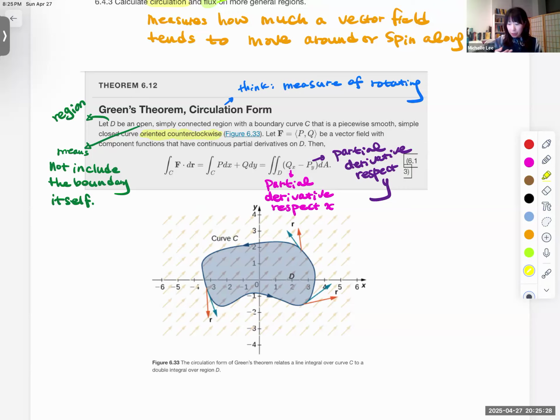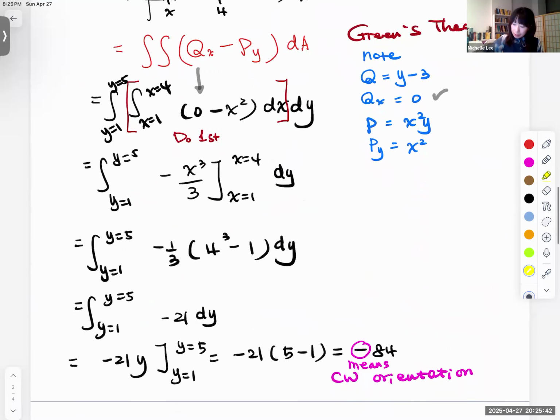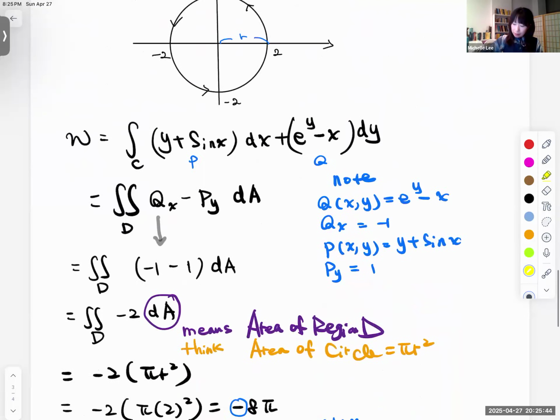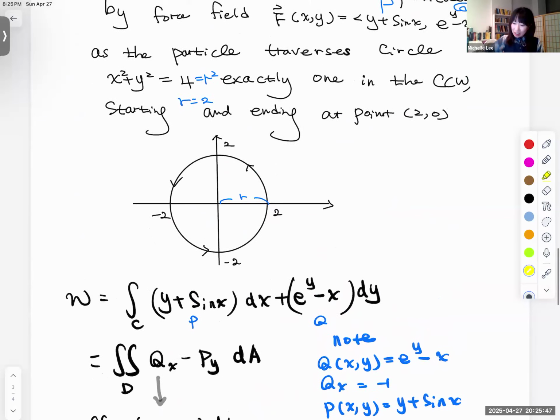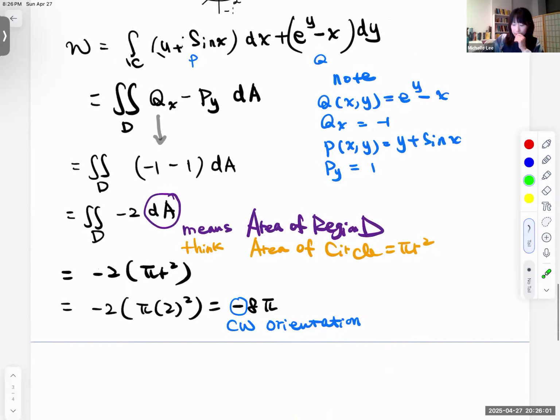In order to use Green's theorem, the curve must be simply connected, closed, and oriented counterclockwise. Make sense? Now, even this says oriented counterclockwise. That's why we can apply Green's theorem.